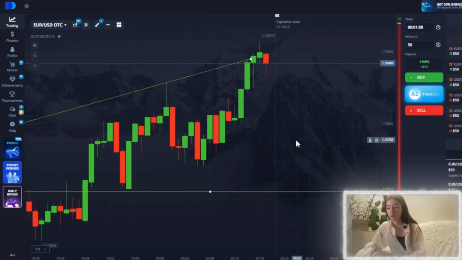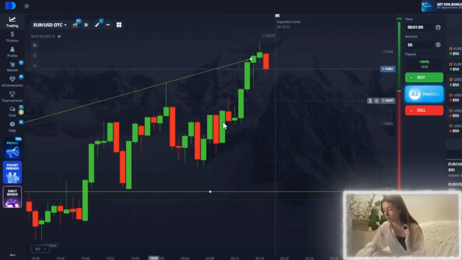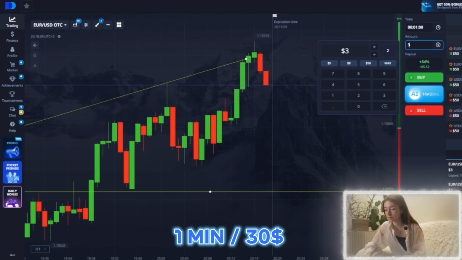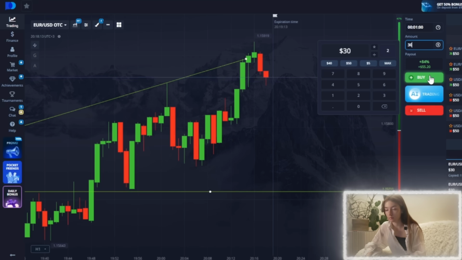I think now, on the example of this pair, I will open the first order. I have the euro-dollar pair. I will set the volume, and let it be a 30 minute time frame, and since the trend is rising, I have some movements down for now, but I think that below, we will wait until it goes down.